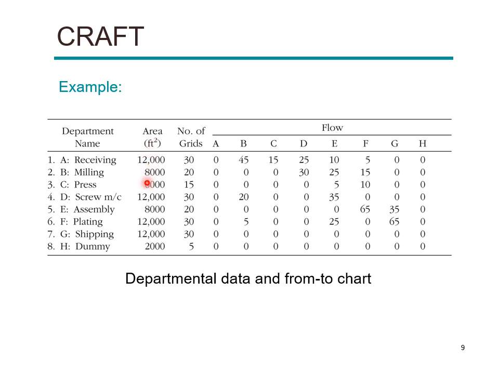Okay, the area requirements of each of these departments are given. The flow between the departments is also given. So from, for example, department A, which is receiving, to department B, which is milling, the flow is 45. Okay, so the total flow is given.